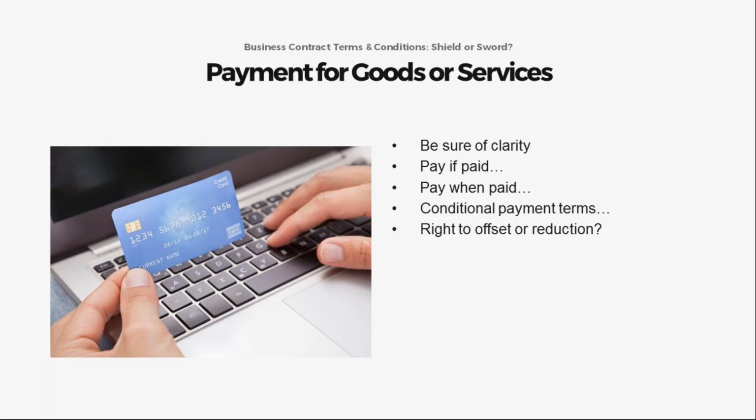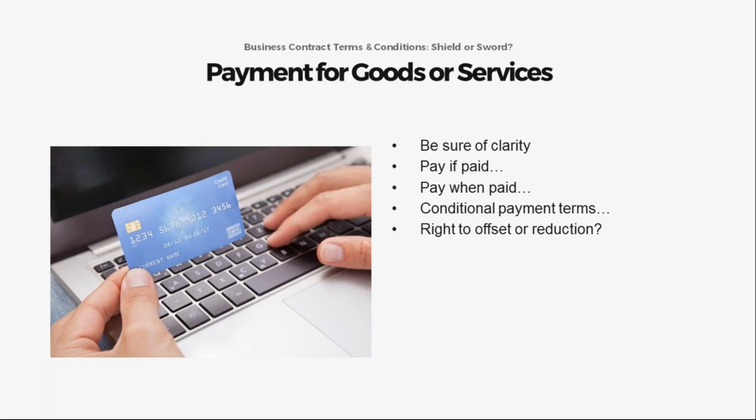It could be, if you get a purchase order, I'll pay you conditional upon acceptance of the materials by the customer. Don't do that. Be really careful about conditional payment terms, because you can create a real problem for proving that those conditions have been met.